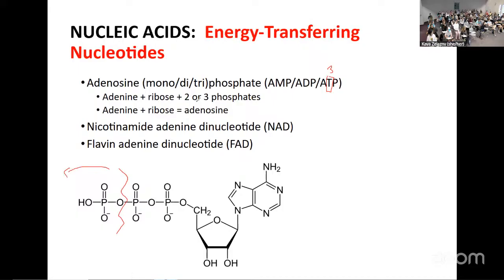And that leaves us with only two, right? So only two phosphate groups are left on the molecule. And so that's our adenosine diphosphate. So di is for two, right? So that's our ADP.